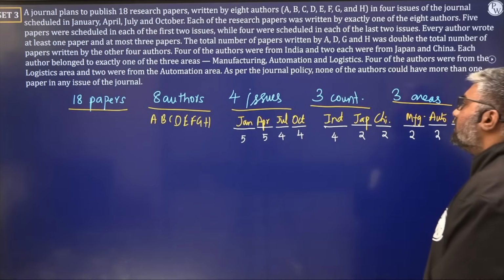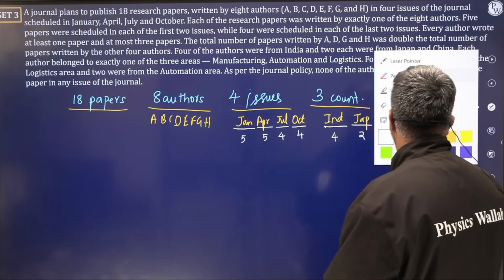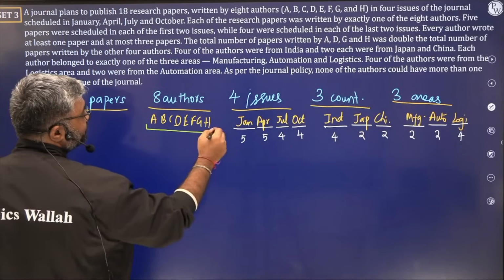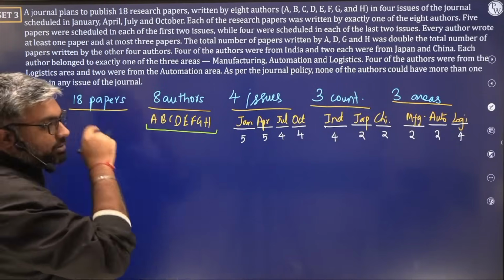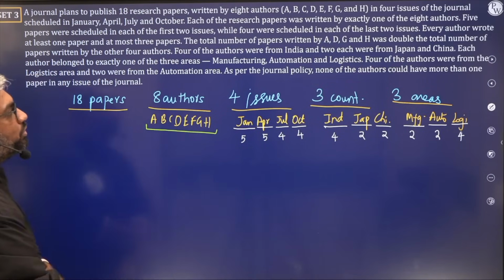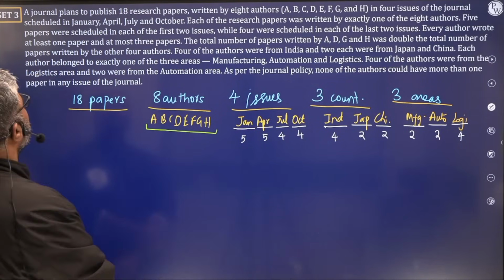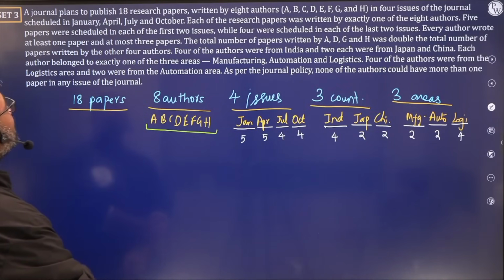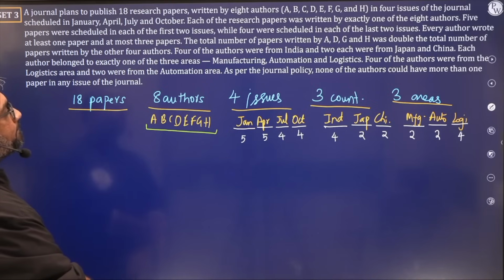Now we still don't know how many each of these will be giving. How many papers each of the 8 authors will be submitting is not known to us. Some other information is also given here if we read it carefully.